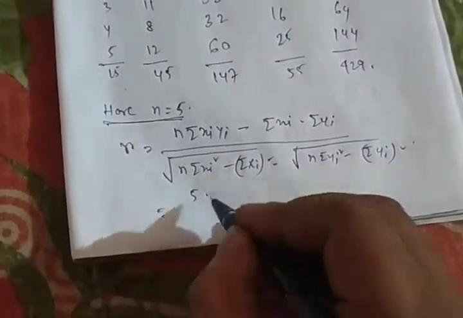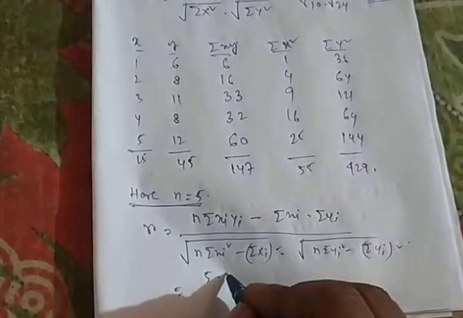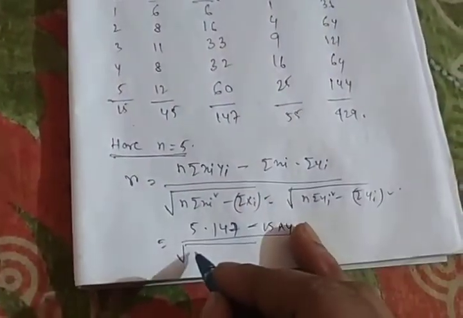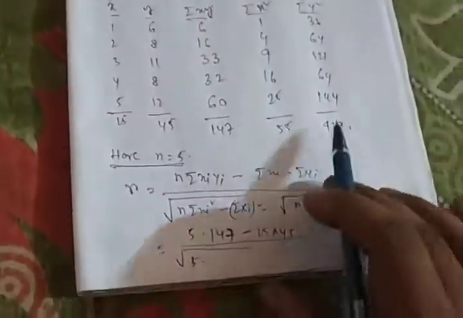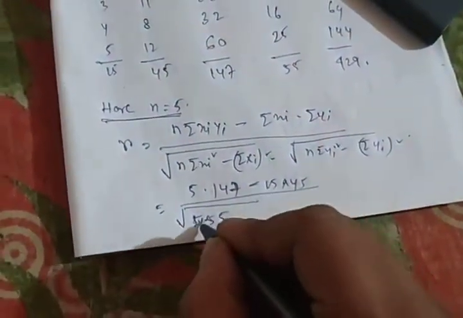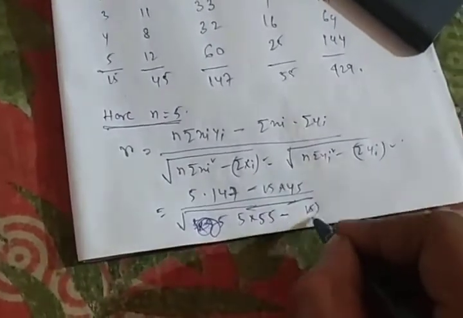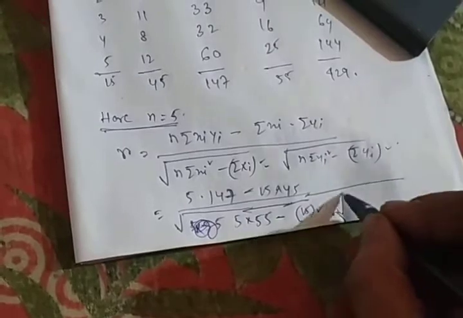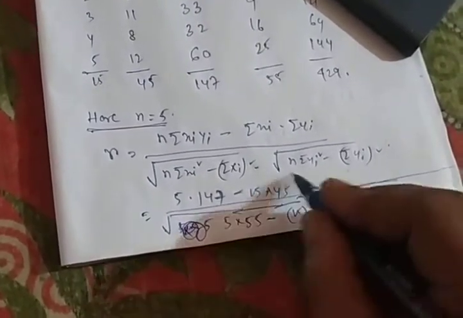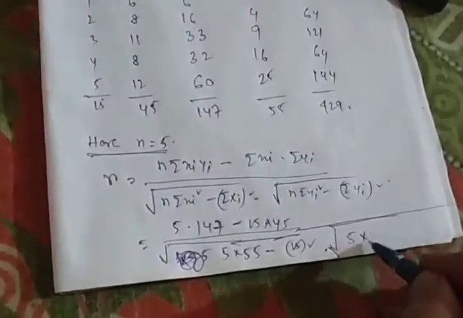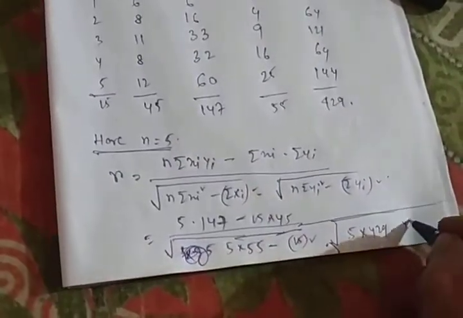After using the formula: 5 into 147 minus 15 into 45, divided by root under 5 into 55 minus 15 square, into root under 5 into 429 minus 45 square.